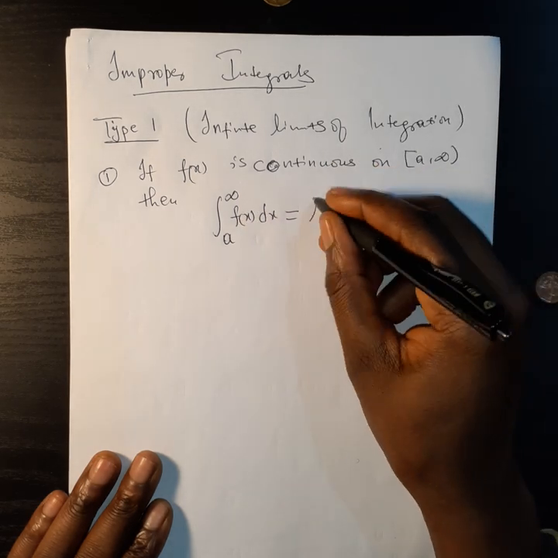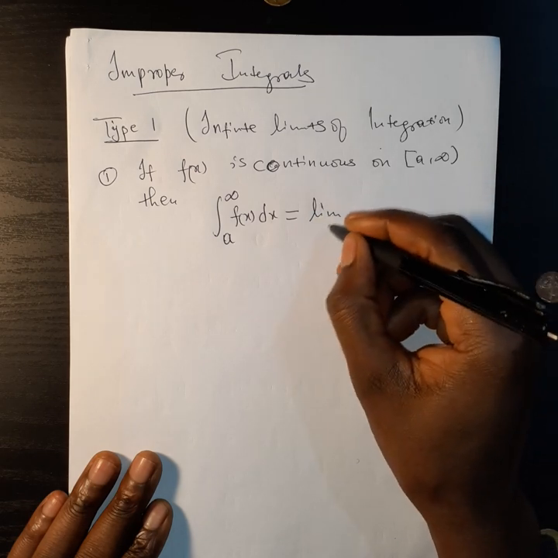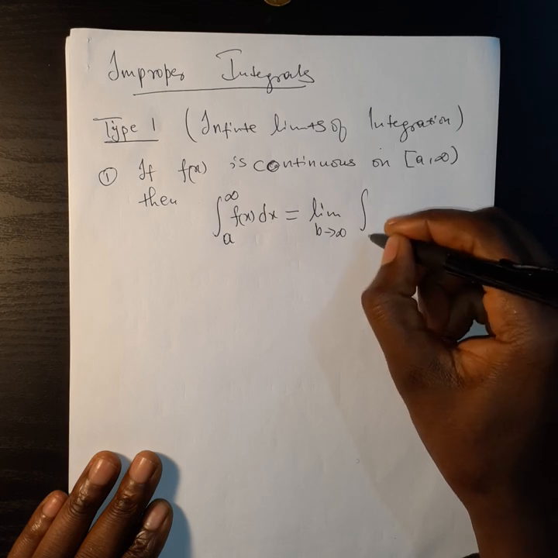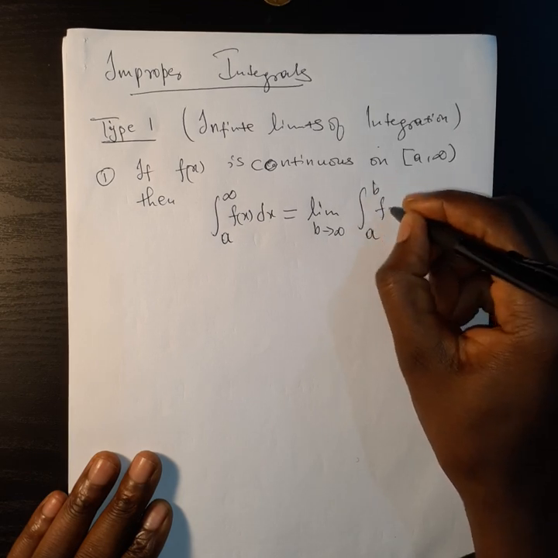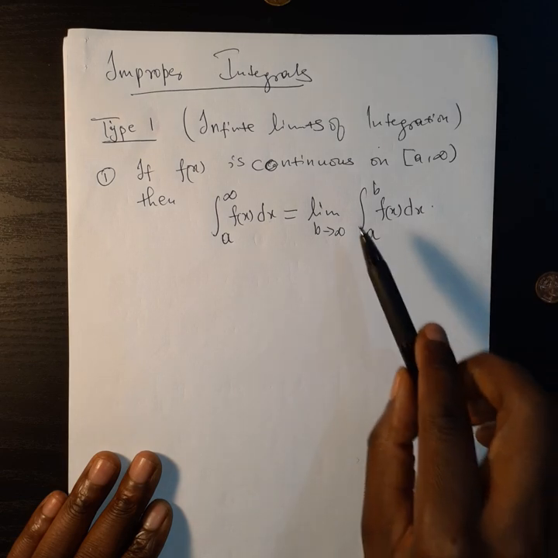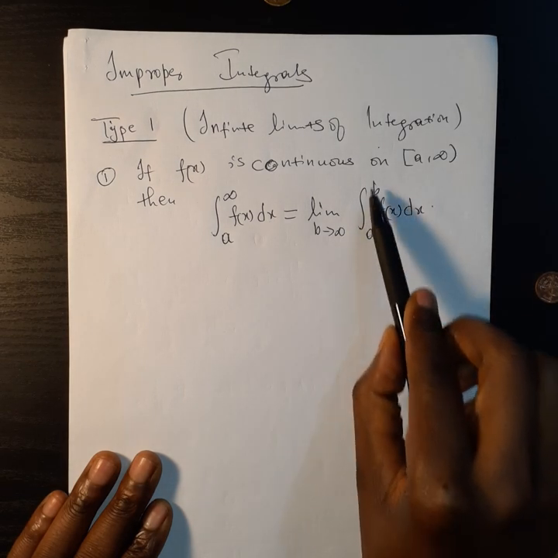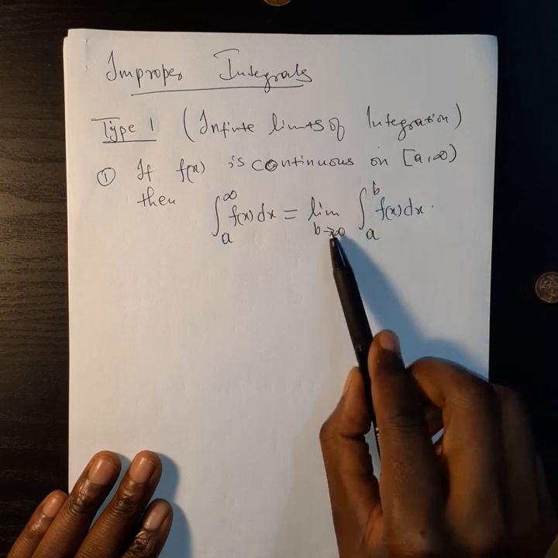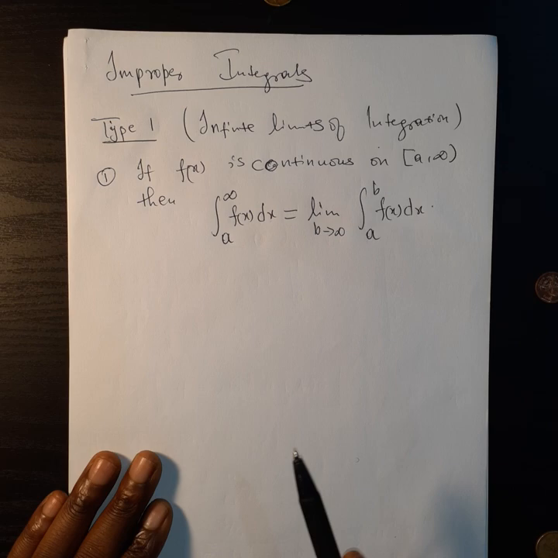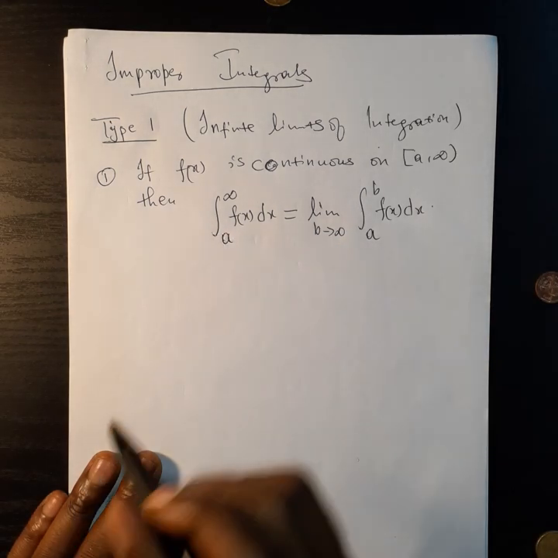So what we do, we introduce the limit as b approaches infinity, and then we change our limits from a to b of f of x dx. So this will assist us to evaluate the integral from a to b. After that, we evaluate the limit. It's then that we will find the definite integral.